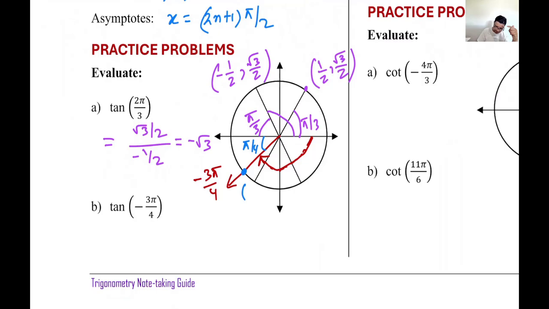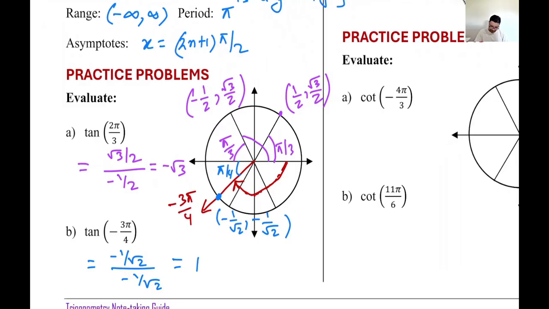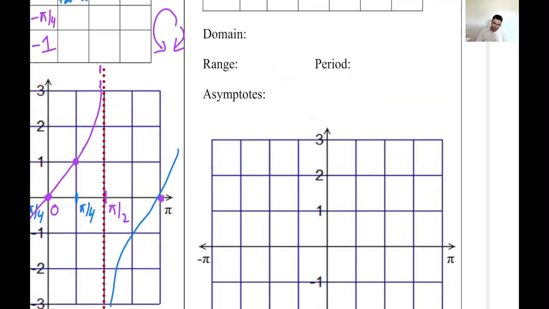So coordinates would be 1 over root 2 comma 1 over root 2 in the first quadrant, which would be negative 1 over root 2, negative 1 over root 2 in the third quadrant. So that will be negative 1 over root 2 divided by negative 1 over root 2, that is 1. In the third quadrant, tangent is positive. You can see that here.